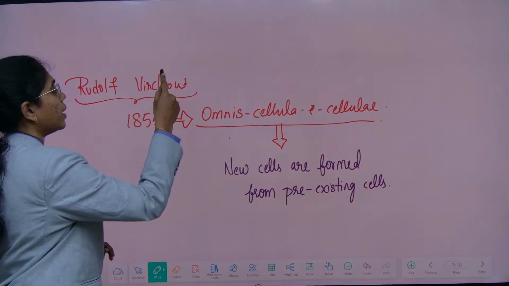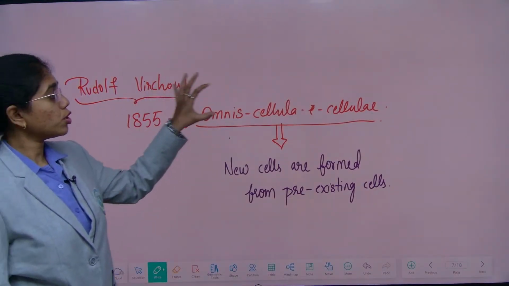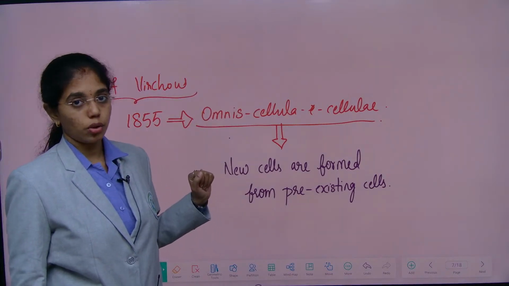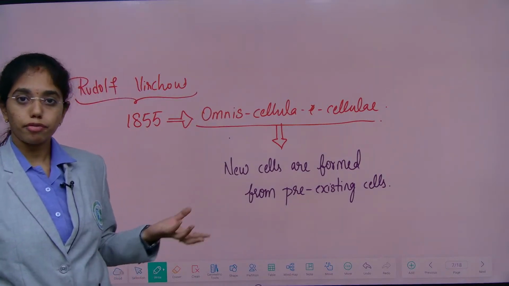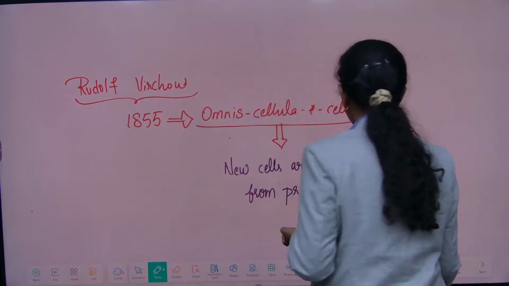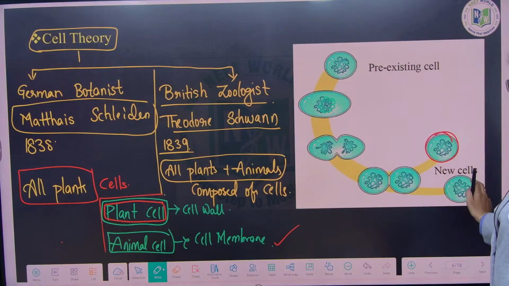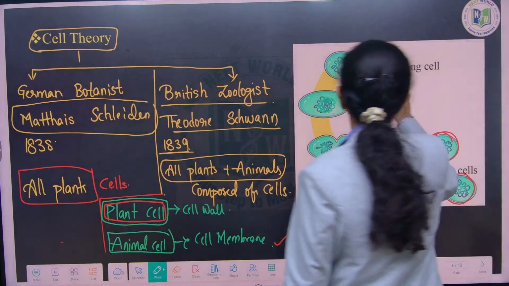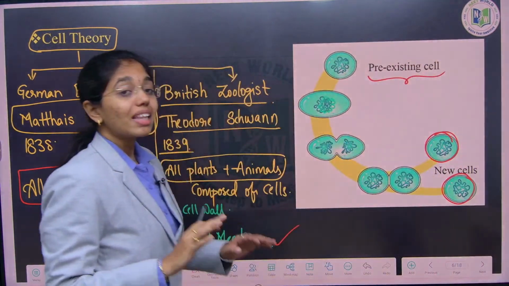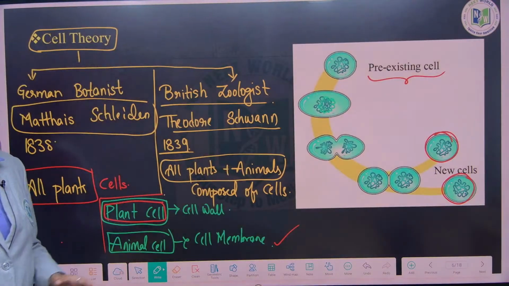Rudolf Virchow in the year 1855 has proposed the concept of omnis cellula e cellula, which says that new cells are formed from pre-existing cells. Clear till here? Understood? Can you see this is the diagrammatic representation of how new cells are formed from pre-existing cells. This completes the concept of cell theory.